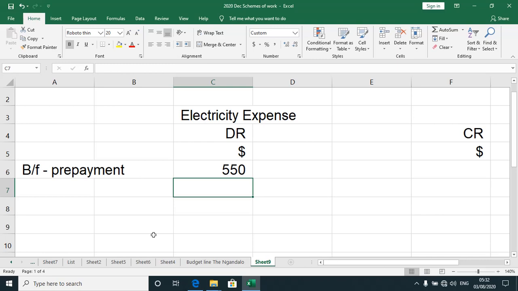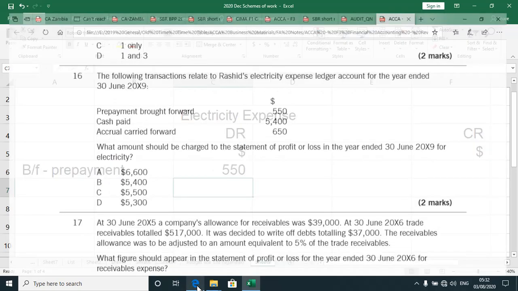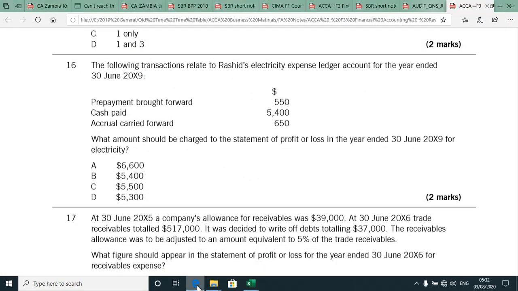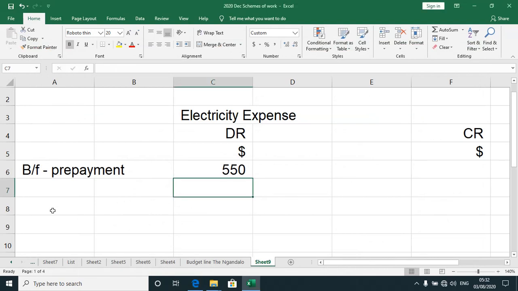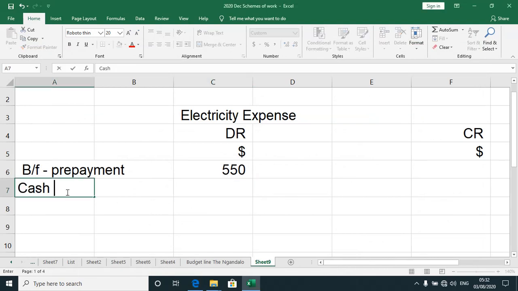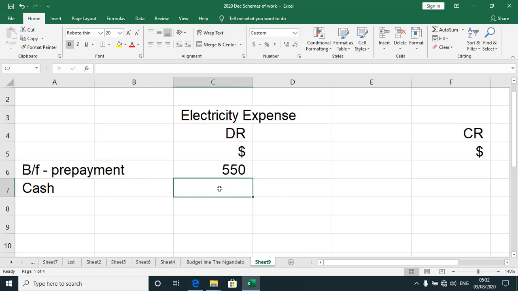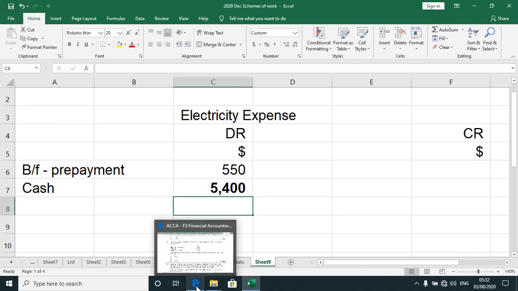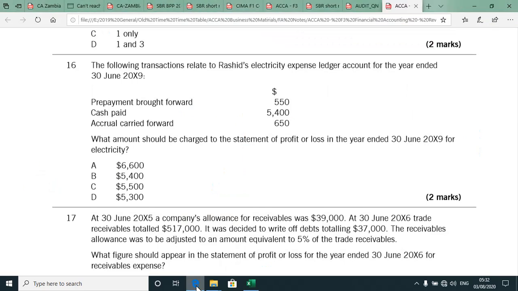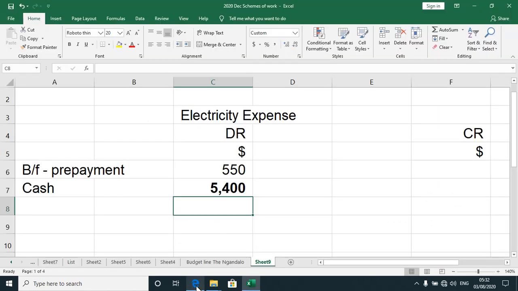And then what else is there? There is a cash amount 54. See, when you make payment, you credit bank, debit the expense account. Then accrual carried forward, there is a 650.